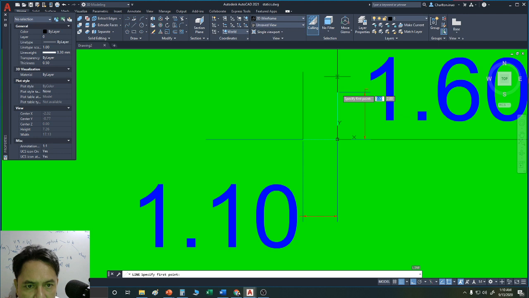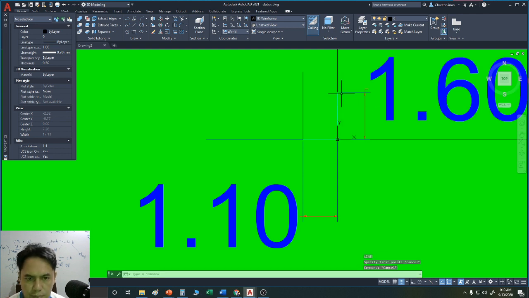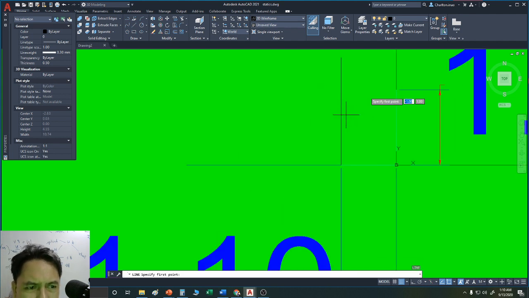If we are going to project this line, you can have that intersection, right? I think it's under snap off. Yeah, here.